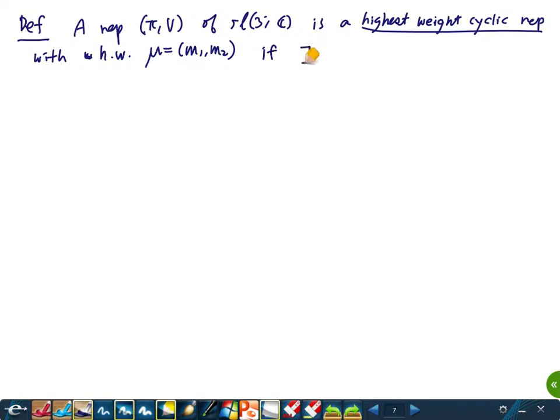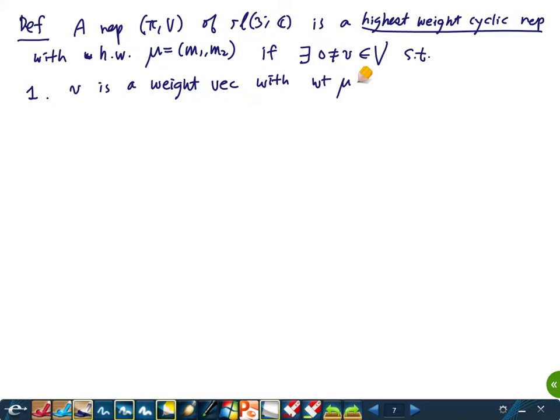If there exists a non-zero vector v in our space such that first, v is a weight vector with weight mu. So it's a highest weight vector. Second, if we apply any x sub j to v, it's going to be 0, for all j from 1 to 3.